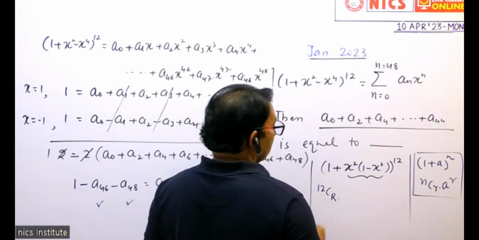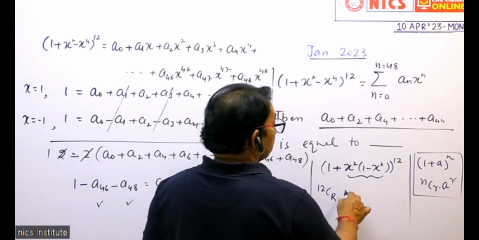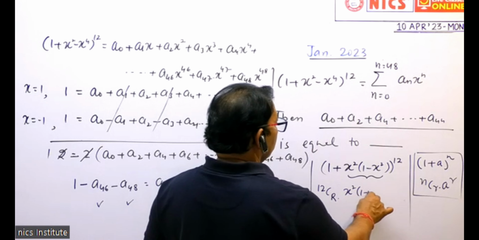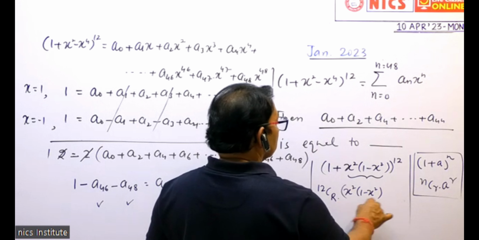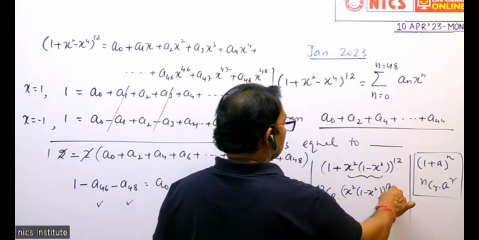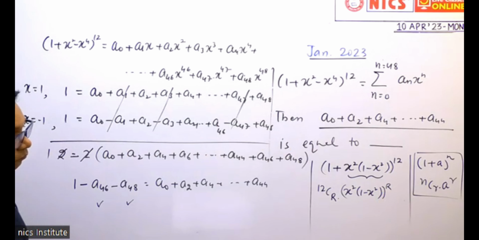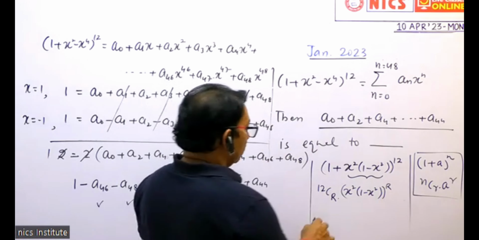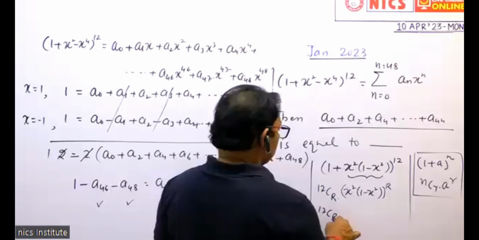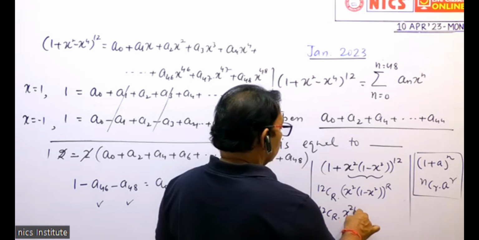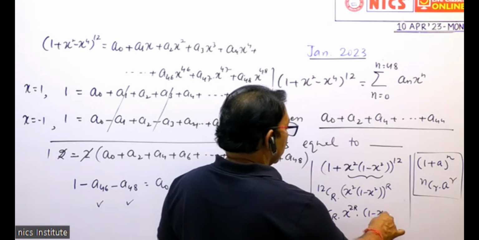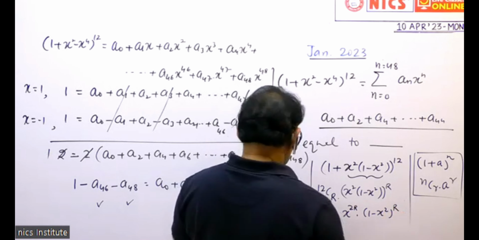12CR, capital R I've taken, x^2 (1 - x^2)^R. Is that okay with you? Or this would be 12CR x^(2R) (1 - x^2)^R.